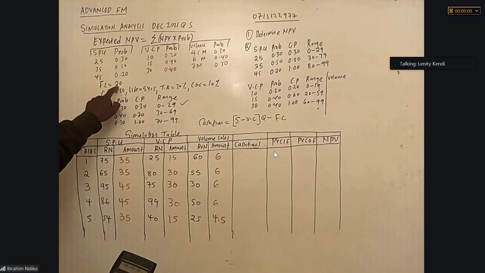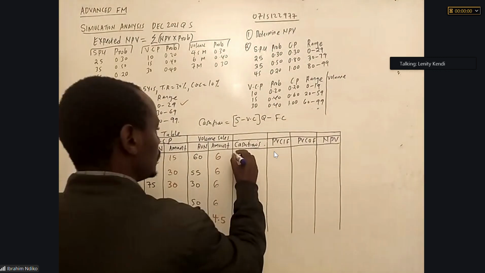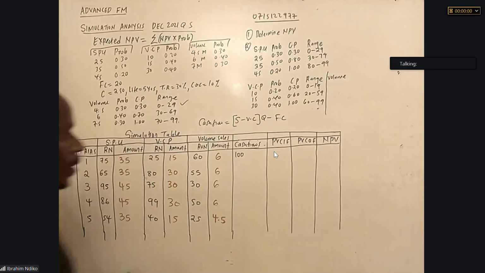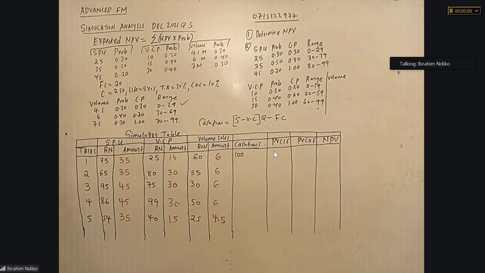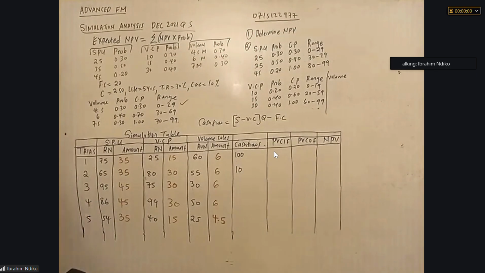Minus fixed cost, kuja 100. Then 35 minus 30 times 6, napata 10.